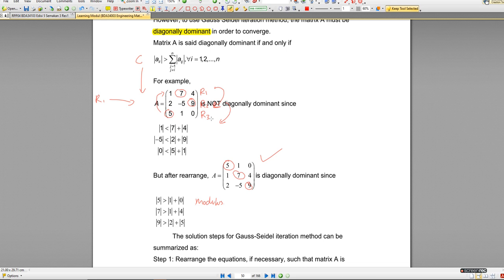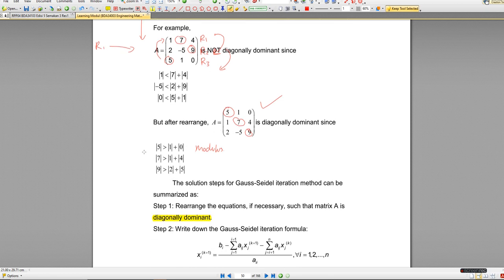If not, then you have to reconstruct or rearrange. If you cannot get this one, let's say this one 5 is higher than the others. Let's say this one is replaced to 3, and this one is, let's say, 3 also.